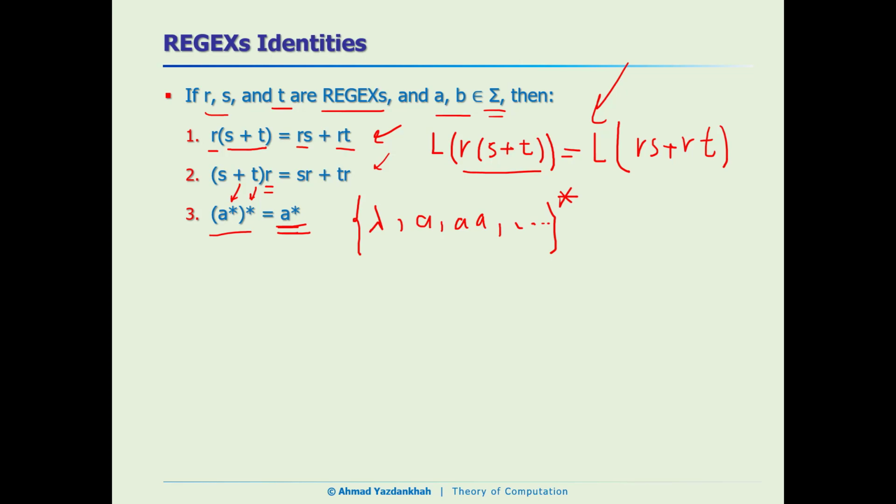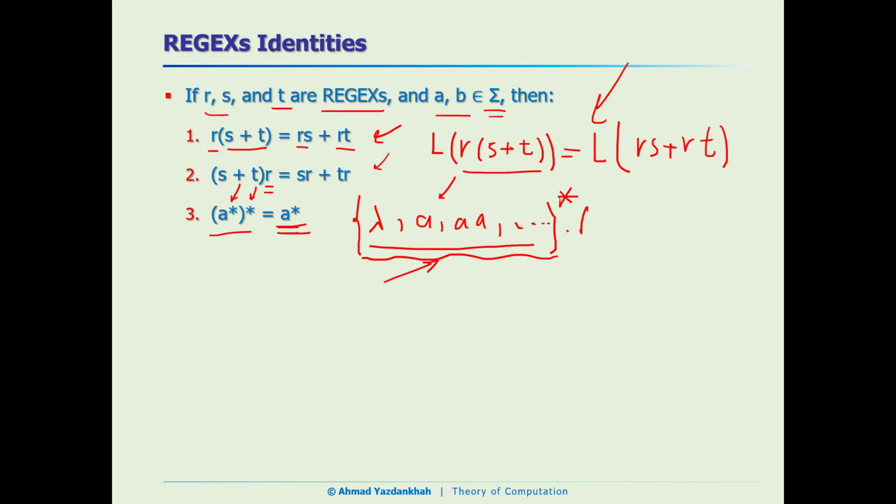It means that I need to concatenate this with itself 0 or more times. This is an infinite set, and if I concatenate this with itself several times, can I get something more than this? Of course I cannot. This is the biggest set that I can get by concatenating 0 or more of the A.